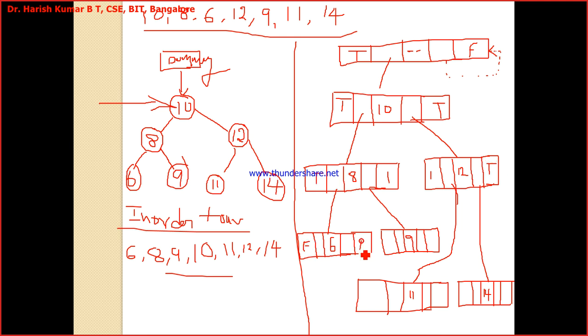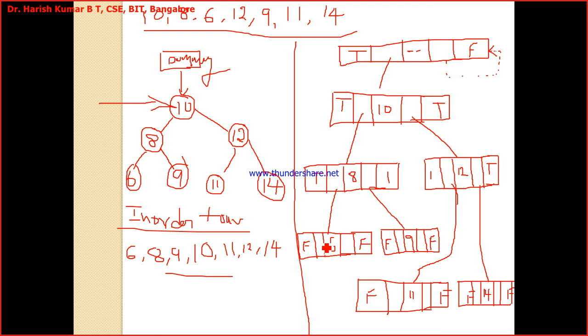There is no left child for 6. There is no right child for 6, false. Similarly for 9, similarly for 11, okay. So I put false everywhere because there are no left or right children for all these nodes.